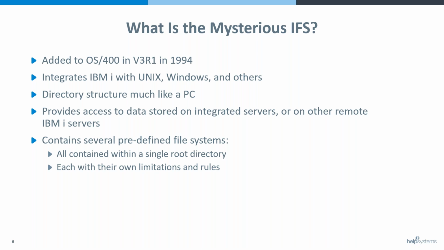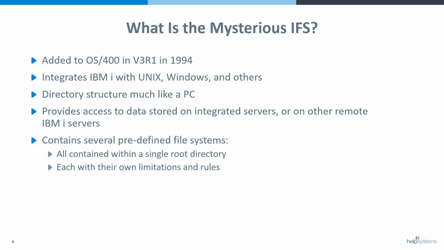Now, the IFS is actually not new. This was added in 1994 at OS/400 V3R1. However, the way we use it has definitely changed over time. And really what it provides is it allows us to integrate the IBM with any Unix, Windows, or other platforms, making it essentially another file server.